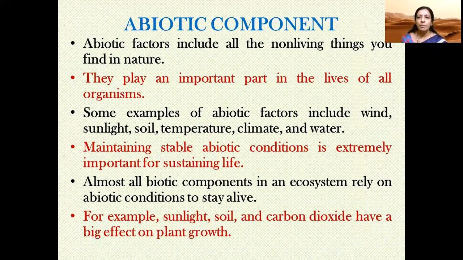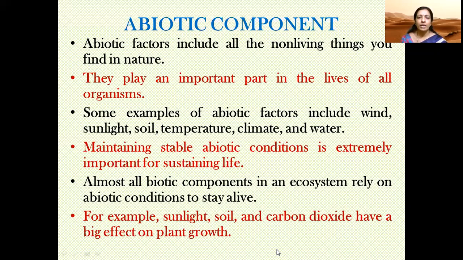Now coming to the abiotic component. The abiotic factors are usually all the non-living things which we find in nature. They play a very important part in the lives of all organisms. Some examples of the abiotic factors are wind, sunlight, soil, temperature, climate, water, etc. Usually abiotic conditions have to be maintained in a stable manner, which is very important for sustaining life.